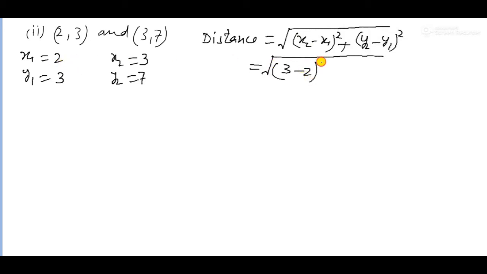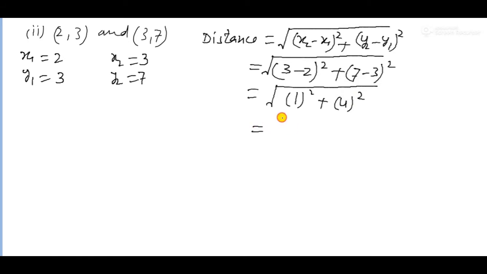Now put the values in this example. x2 is 3 and minus x1 is 2, so you can write 3 minus 2, whole square, plus y2 is 7 minus 3, whole square.